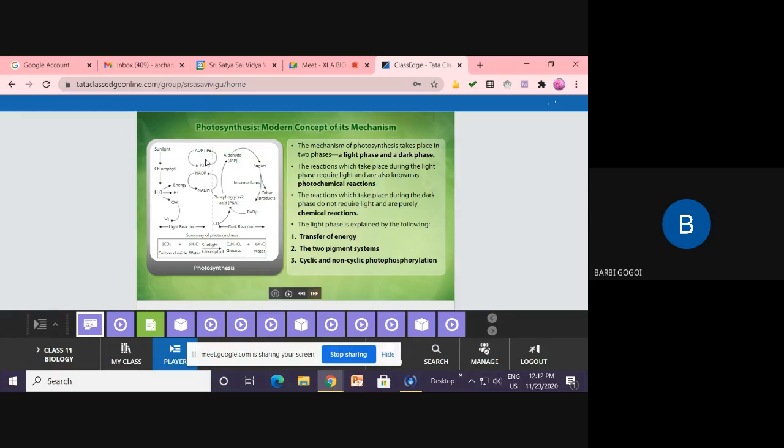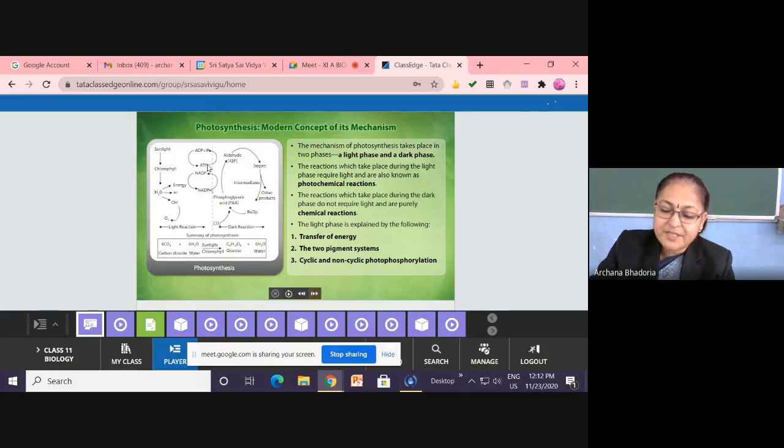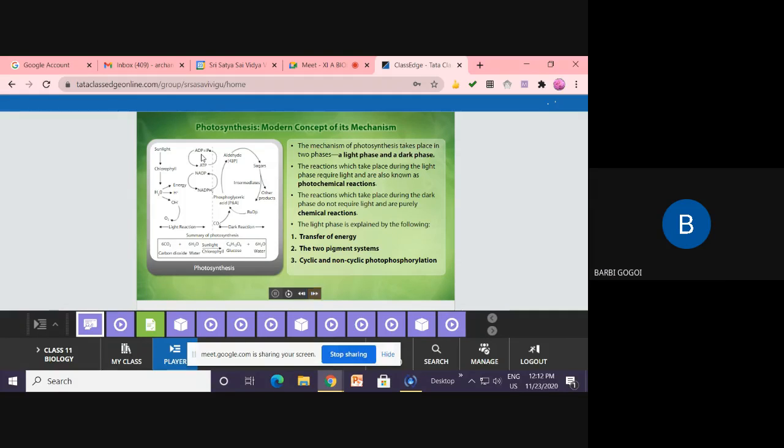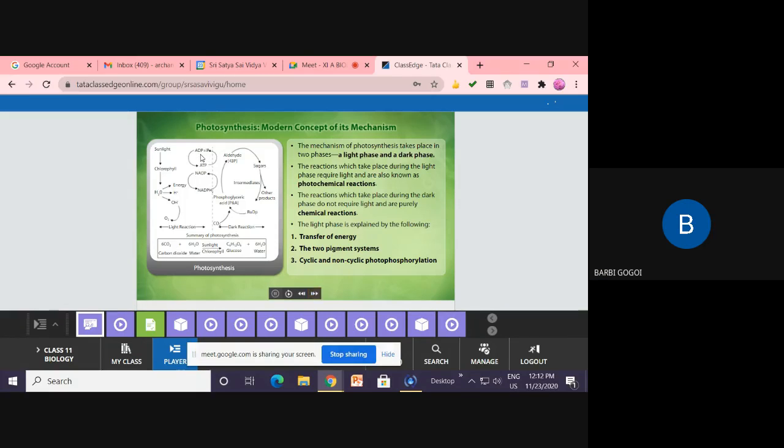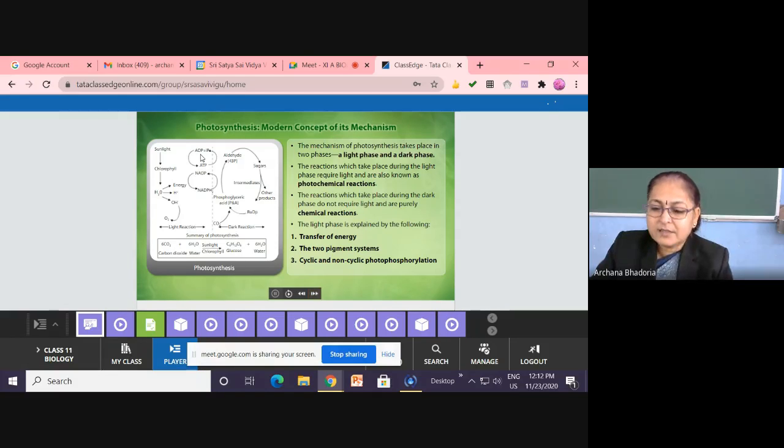Formation of ATP. How? By the phosphorylation. What is the phosphorylation here? The ADP plus the inorganic phosphate. The ADP combines with the inorganic phosphate and gives ATP. Is it clear? And this process only, children, is known as phosphorylation.